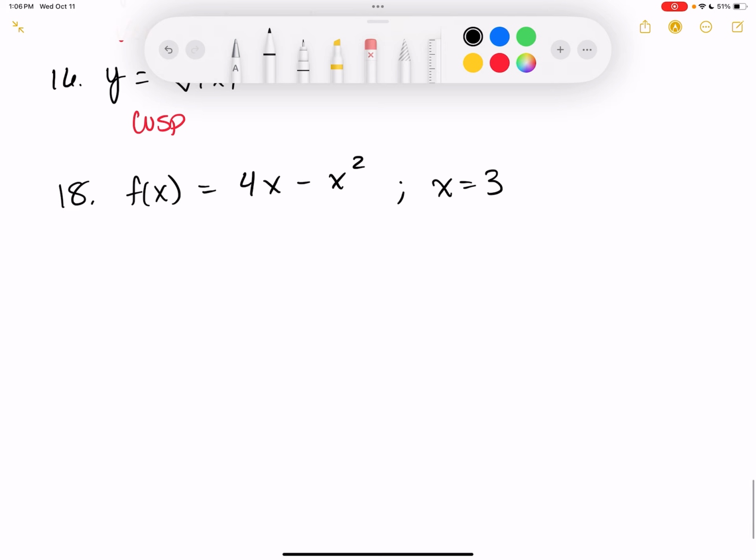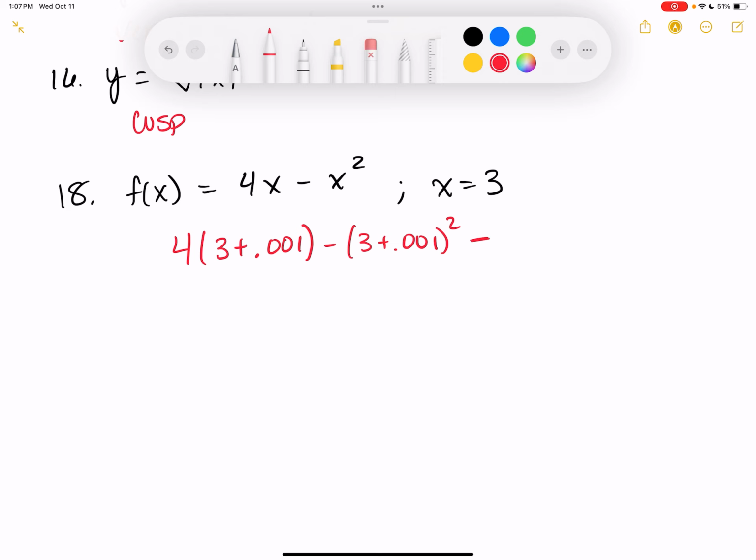All right, so the first one I'm going to write out in detail, and the future ones I'm not going to do it that way. 4 times 3 plus 0.001 minus 3 plus 0.001 squared. So that takes care of the first part, the plus 0.001 portion.